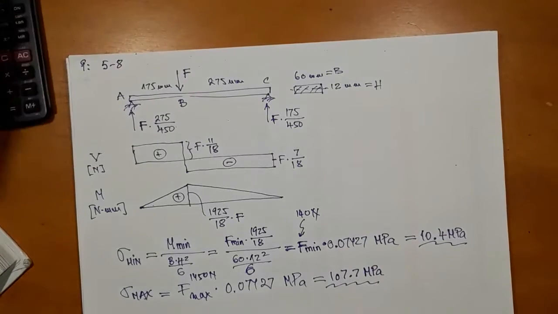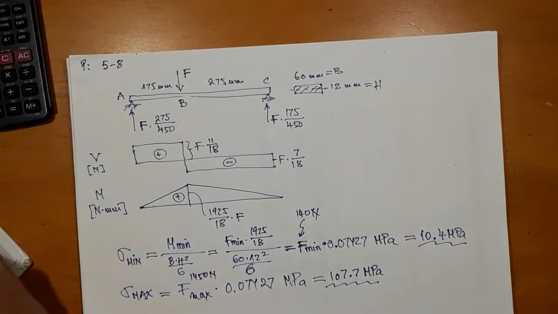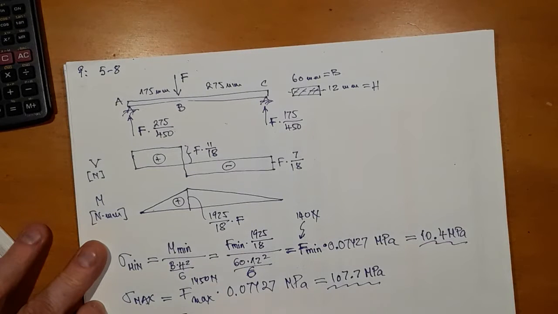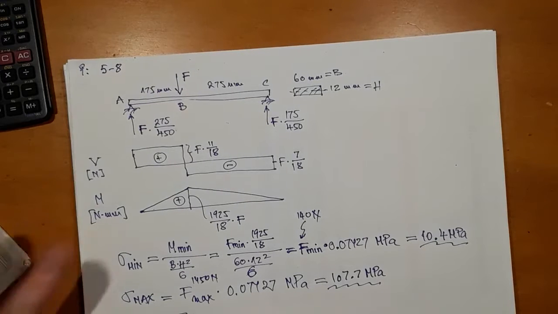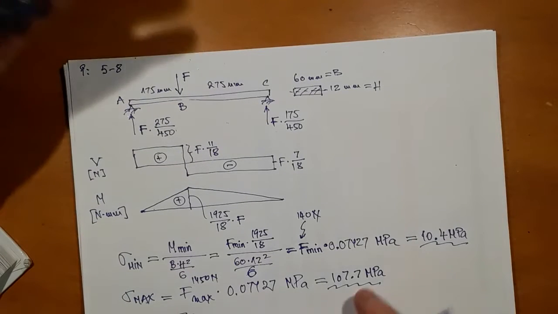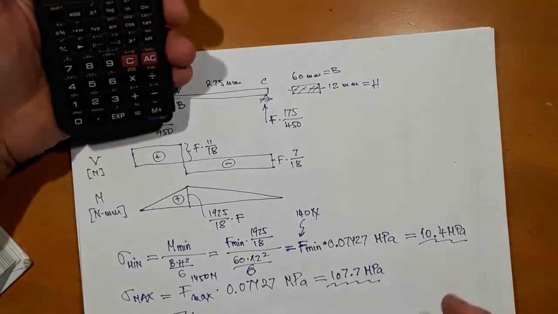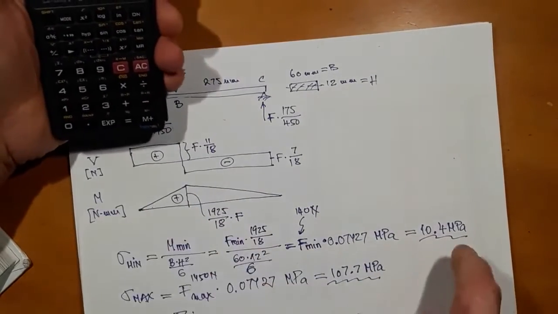Okay, so we have the min-maximum stresses, and we said that the stress ratio R is sigma min over sigma max, and I'm dividing this, which I still have on the calculator, by 10.4.